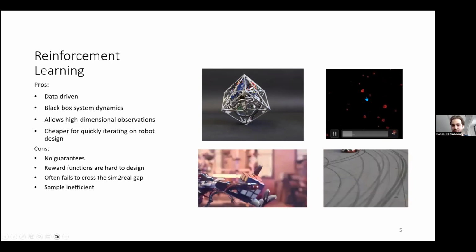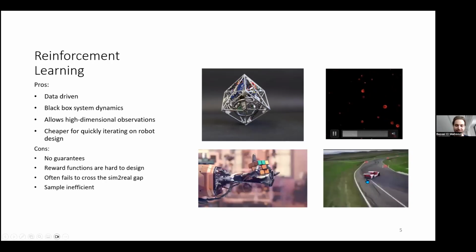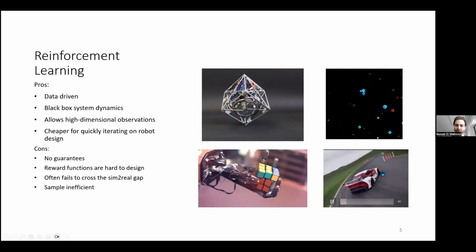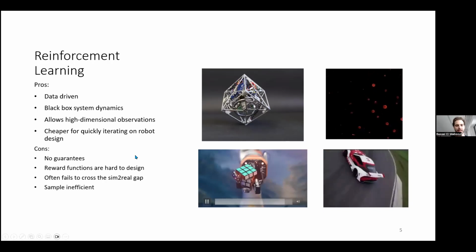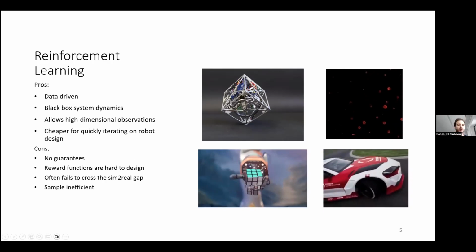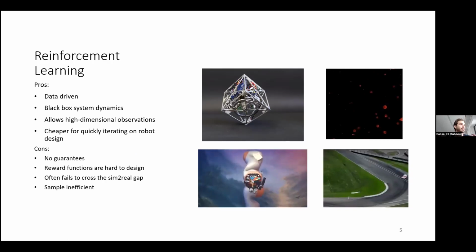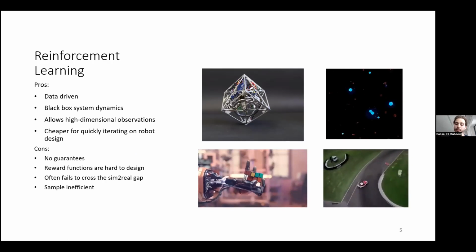Over here, we have a bunch of cells that are being controlled by light. This is a self-driving car that is learning to follow this course as efficiently as possible. It's often used in industry because it's cheaper to produce controllers on these kinds of problems than it is to solve the actual classical control theory problem properly.